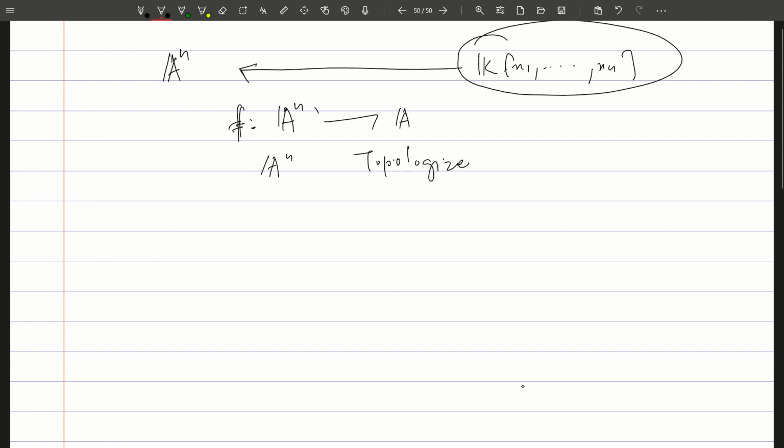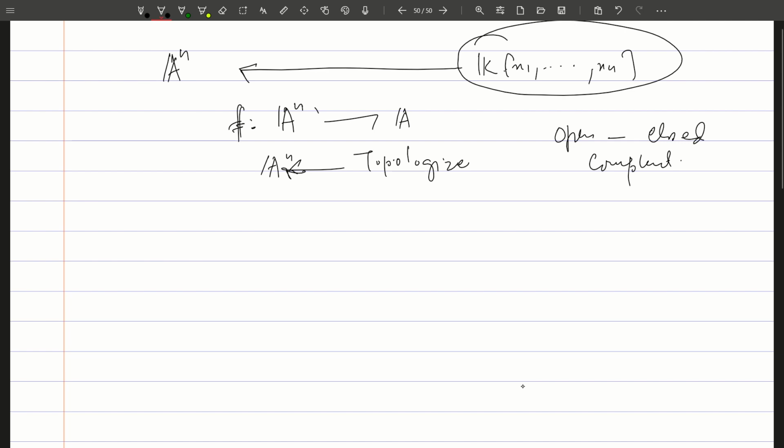topologize An. Now to equip An with a topology, there are two ways. One way is to exhibit a collection of sets which are open sets, and the other way is to exhibit a collection of closed sets, because by De Morgan's law we can go from open sets to closed sets by just taking the complement.